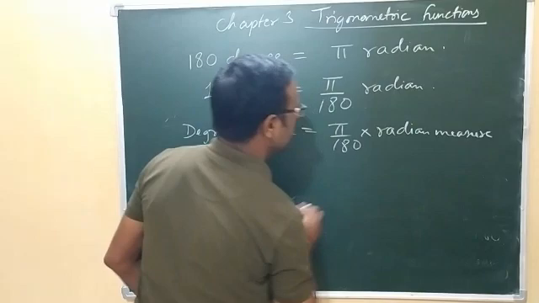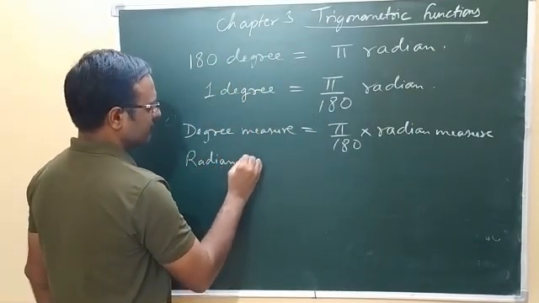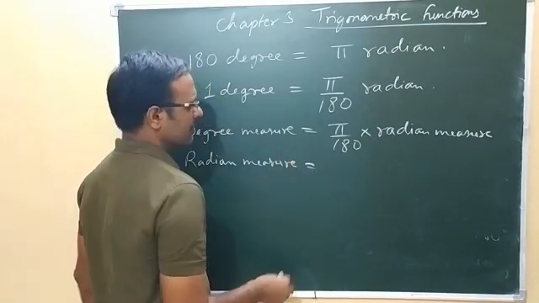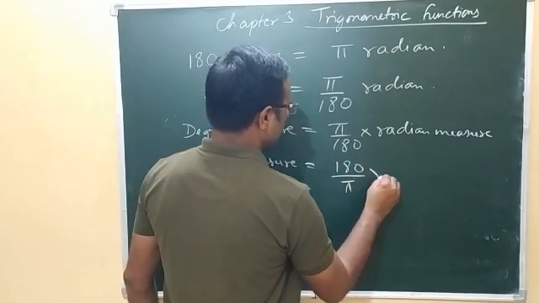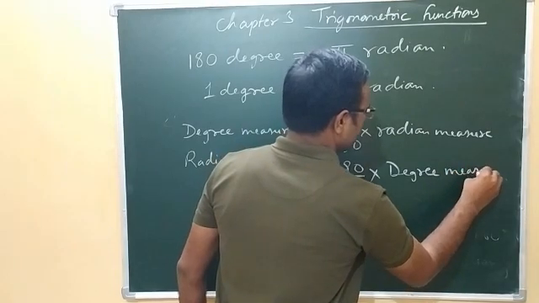Similarly, radian measure equals 180 upon pi into degree measure.